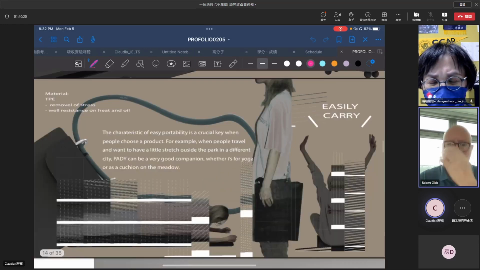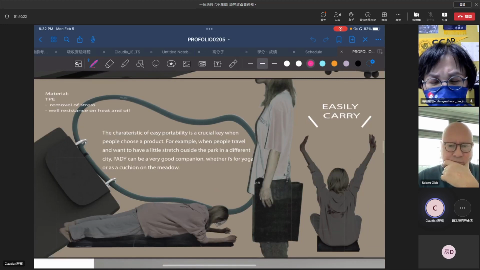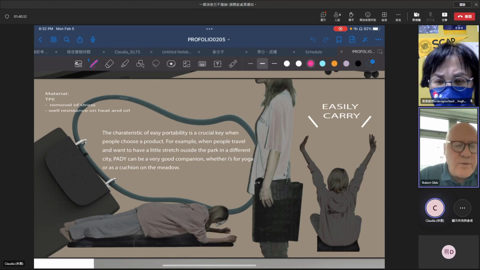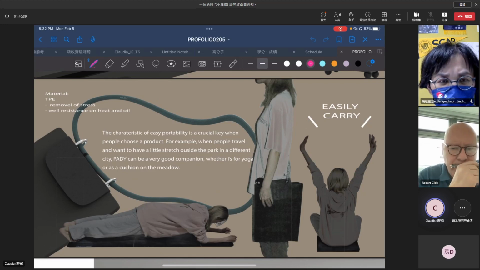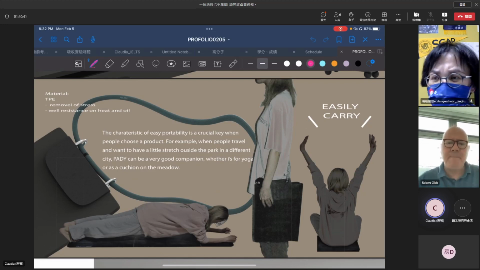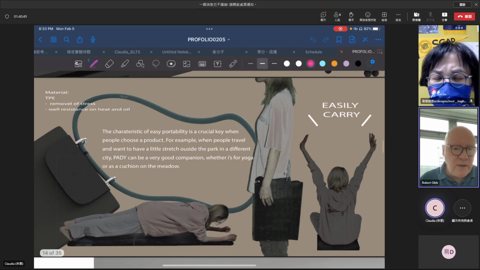Like a bag. Okay. And it's resistant to heat and oil, so it can be used any place. Yes, it's just like a yoga pad, so it can absorb the crush. Okay, that's interesting. And TPE.